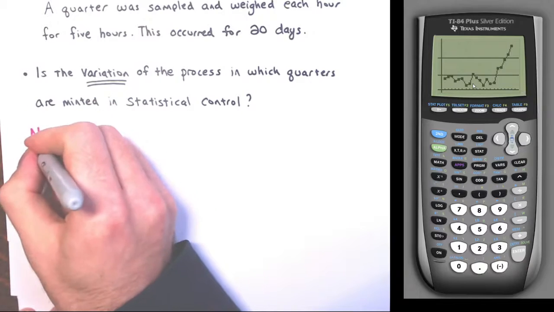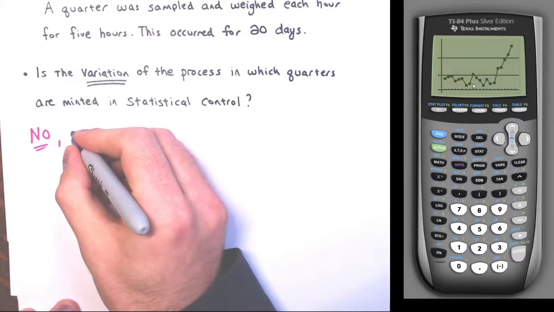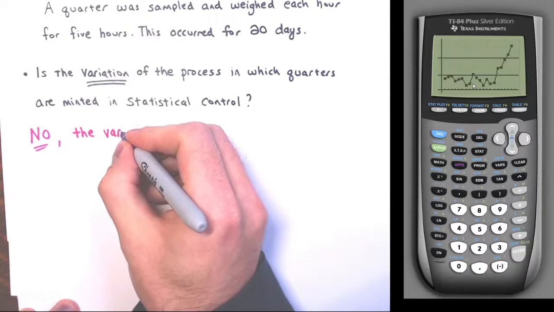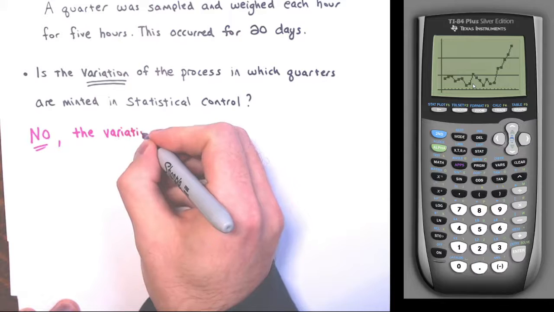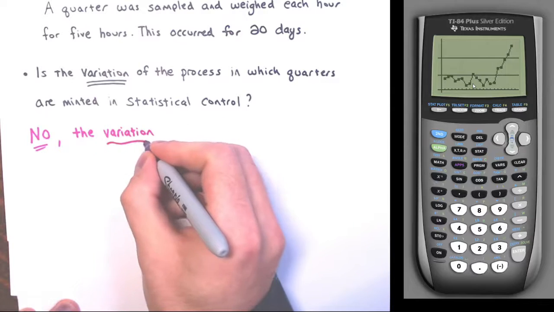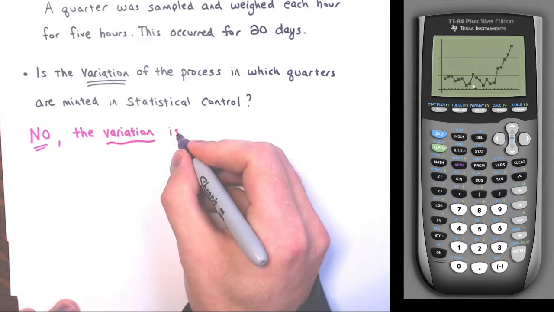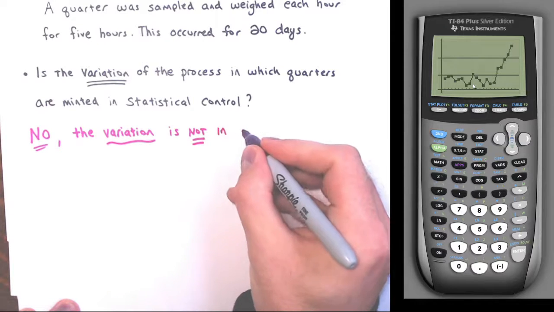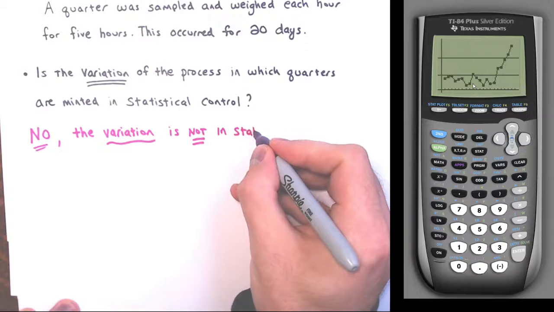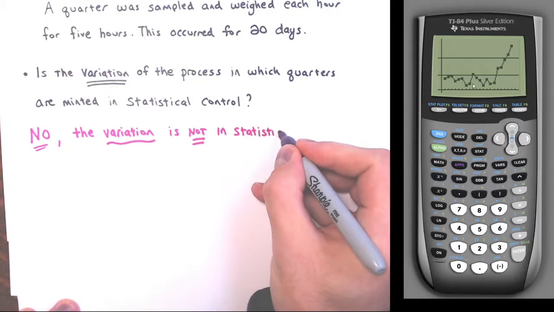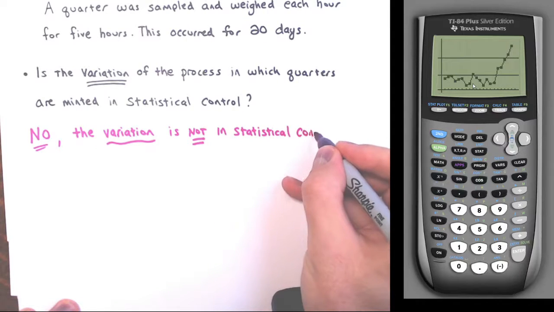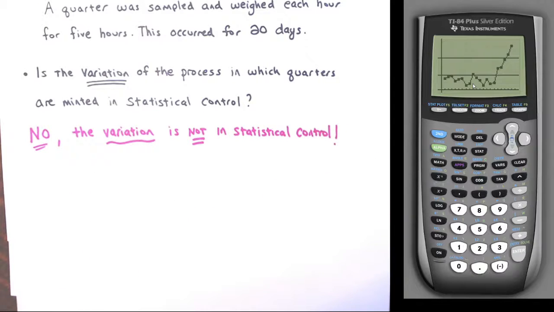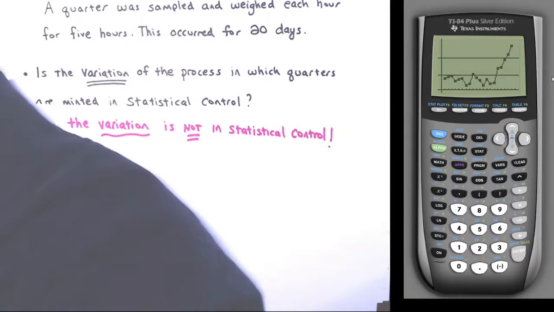No. The variation of the process, the variation of the weights, is not in statistical control, is not statistically stable, for the following reasons.